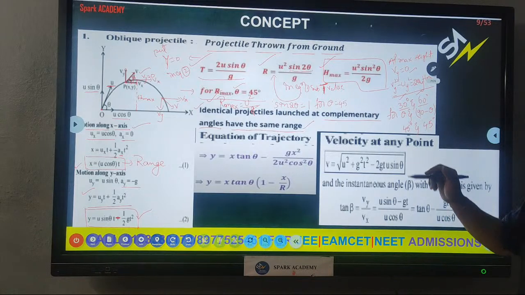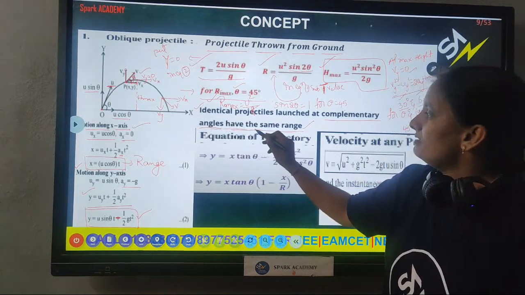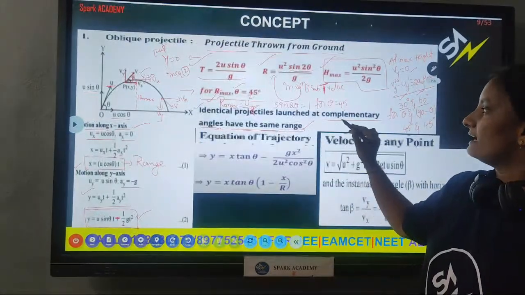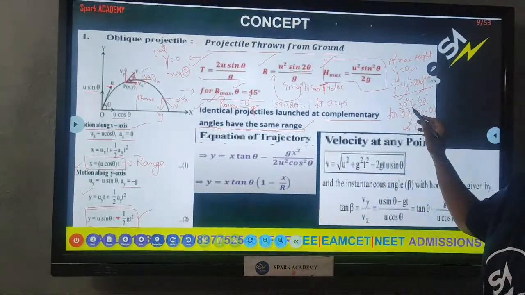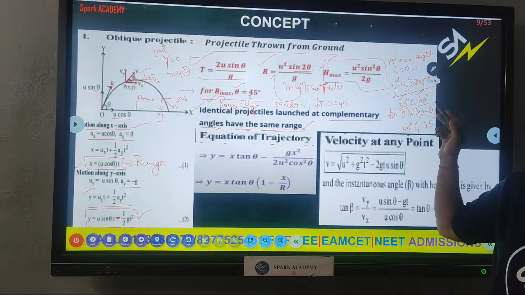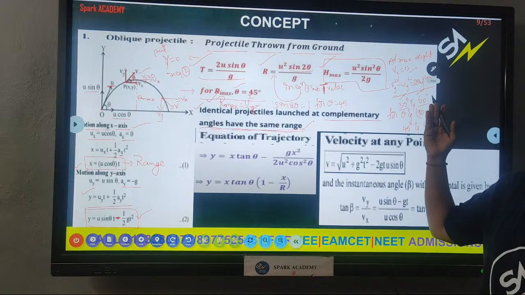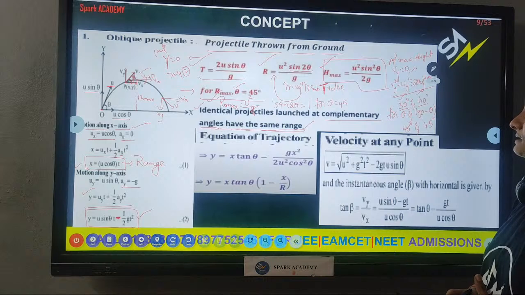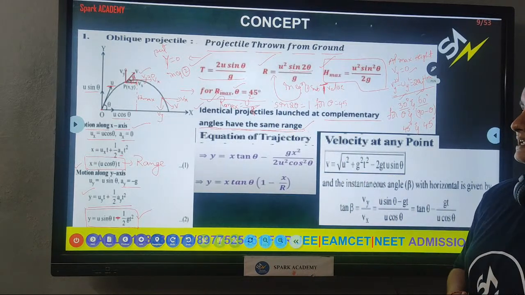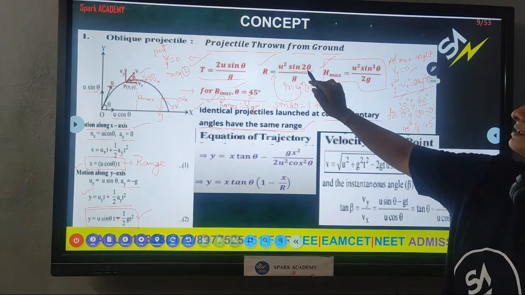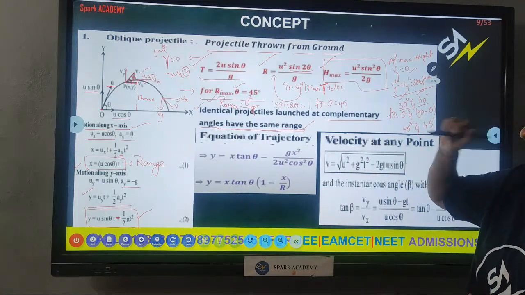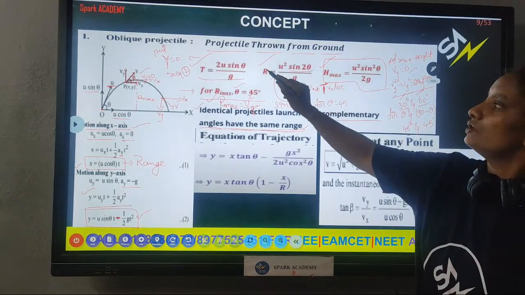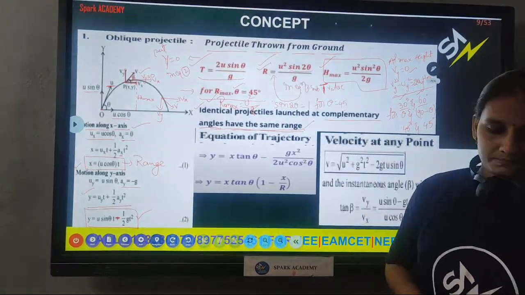So identical projectiles have the same range at complementary angles like 30 and 60, next 60 and 30, or 50 and 40. For those angles, the range is the same. You can check by putting the value here: just put 30 one time and next 60. You will get the same range.